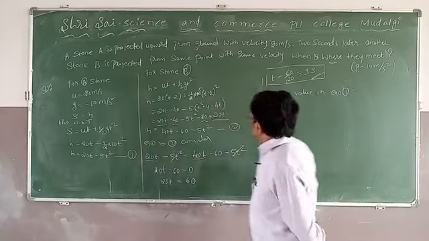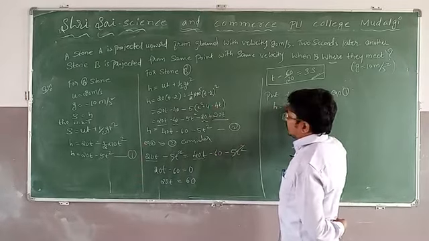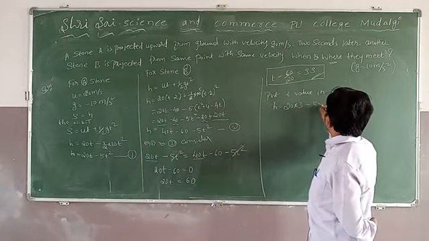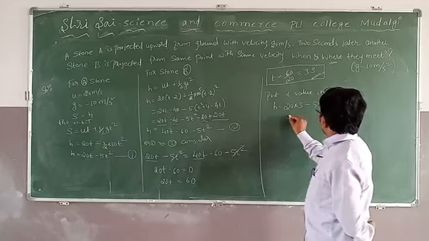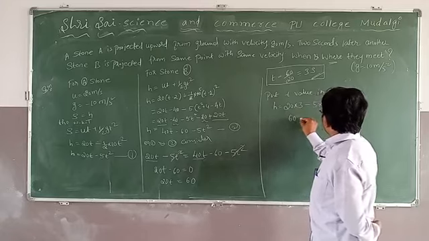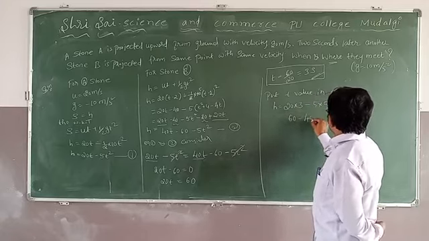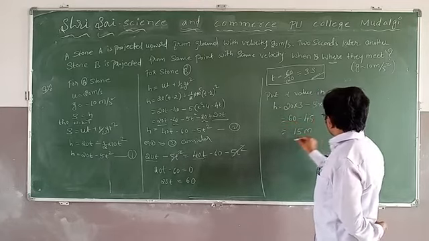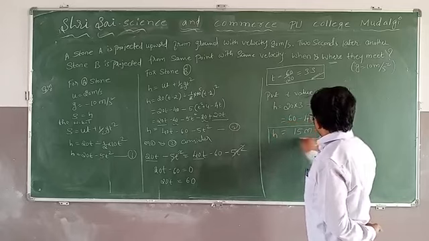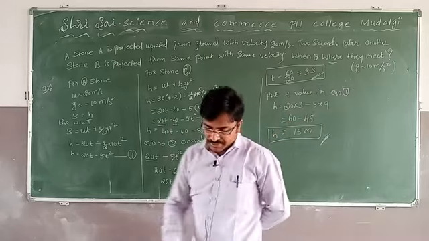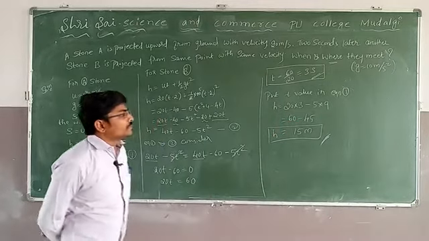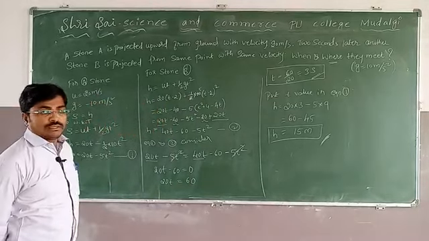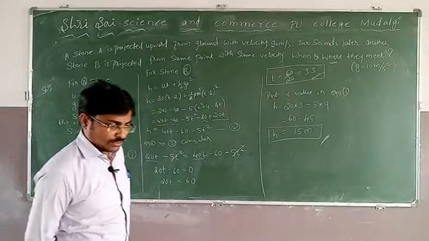H is equal to 20 into 3 minus 5 into 9, 60 minus 45, 15 meter. They will meet at 15 meter height. This is the second part of this problem's solution.